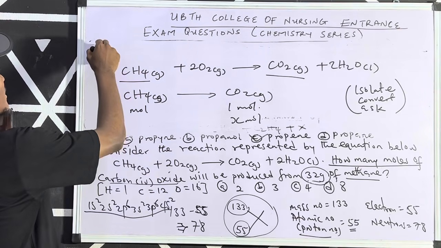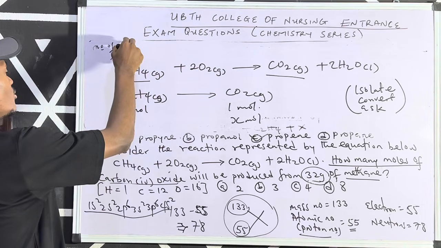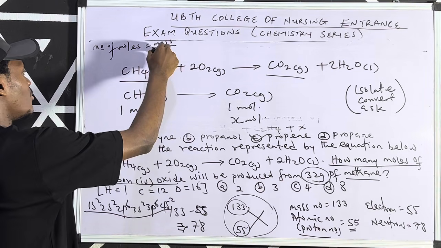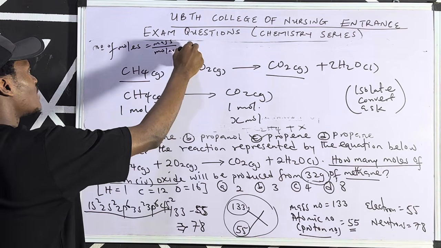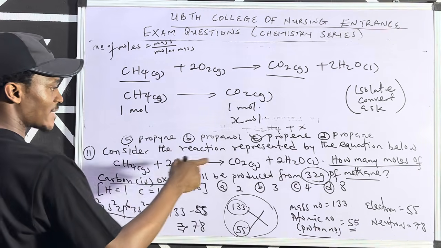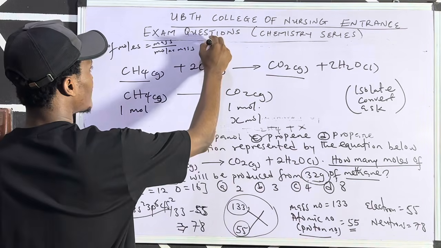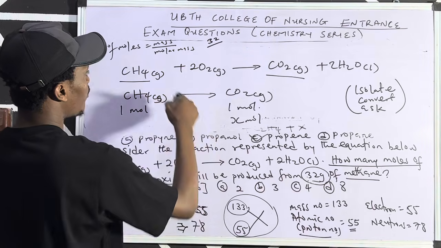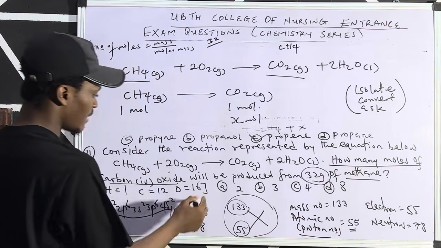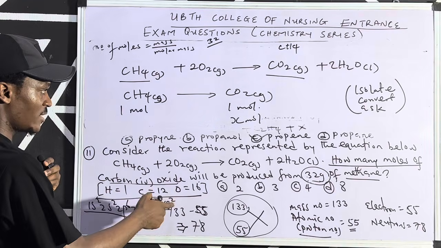Firstly, to get the number of moles of a substance, you work with the mass of the substance over the molar mass. The mass of methane is provided and it is given as 32 grams. So 32 over, then what's the molar mass? We can get it for CH4. That was the reason we are provided with the relative atomic masses of these elements.